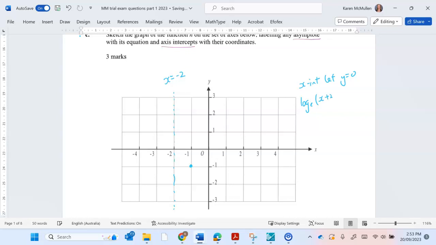What was it, x plus 2 minus 1? And then for your y-intercept, we let x equal 0. So we're going to have log e 2 minus 1.